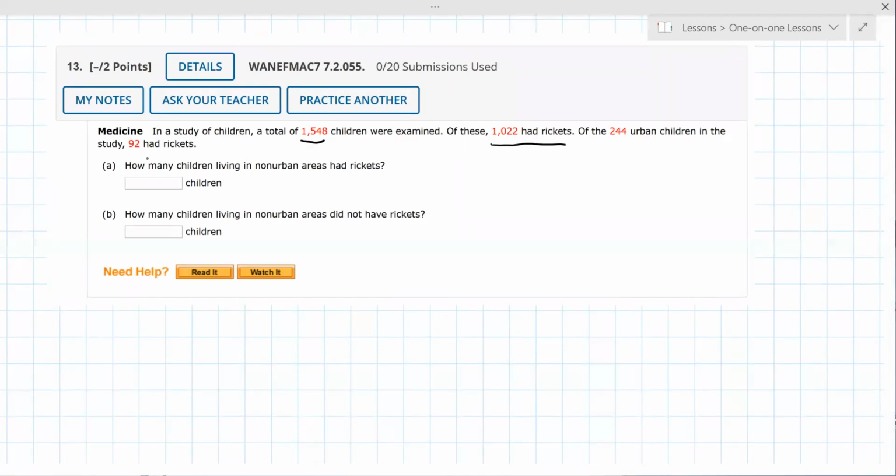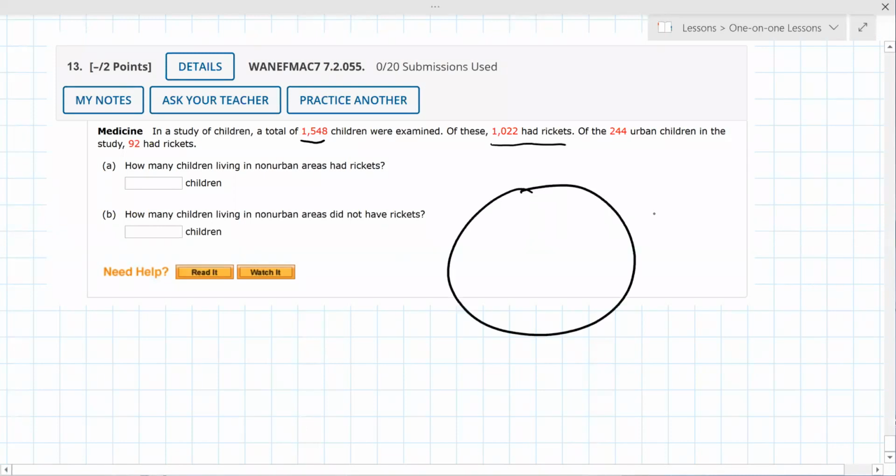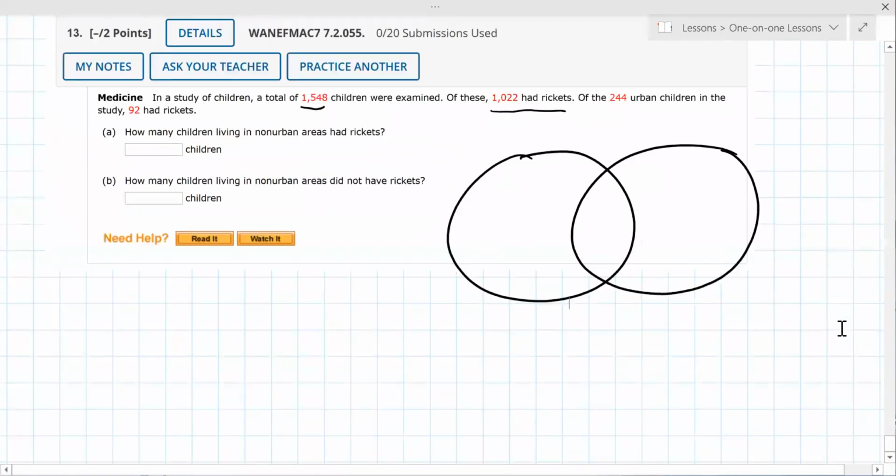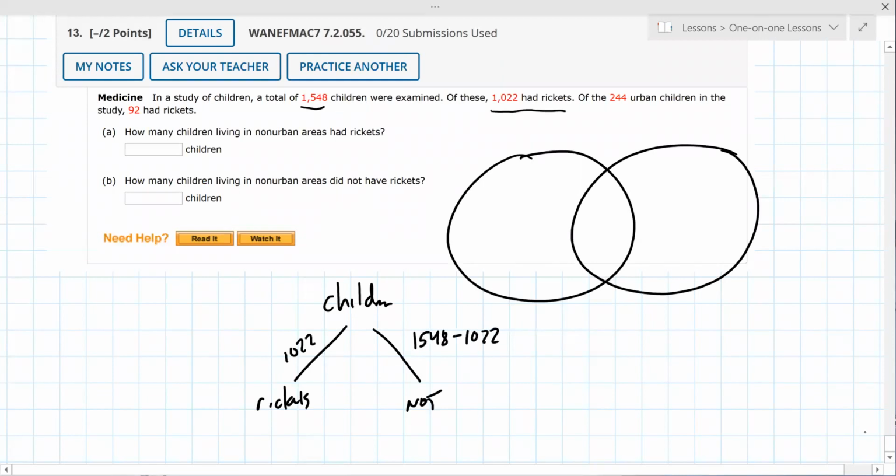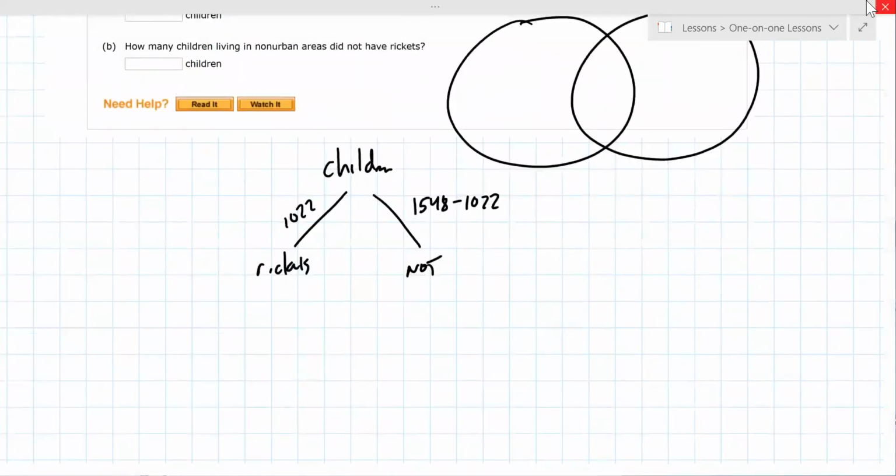Urban. Okay, so what I think is, and this is really unclear, but I think the Venn diagram here is this. Well, maybe not. I don't know. This is weird. So it's like they start with children and then rickets and then not. So they had 1,022 and then the not would be the 1,548 minus 1,022. Of the 244 urban children in the study, 92 had rickets.